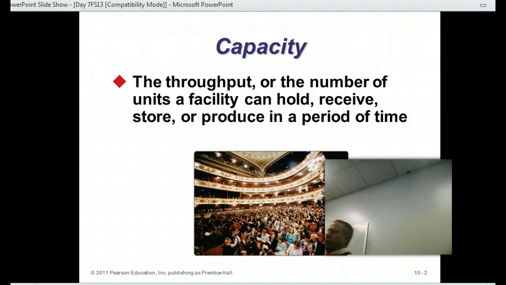You remember from the first couple days we saw that chart that showed that there was a product life cycle. Remember that? And if you can have a product life cycle, you've got to be able to anticipate having the capacity when needed.